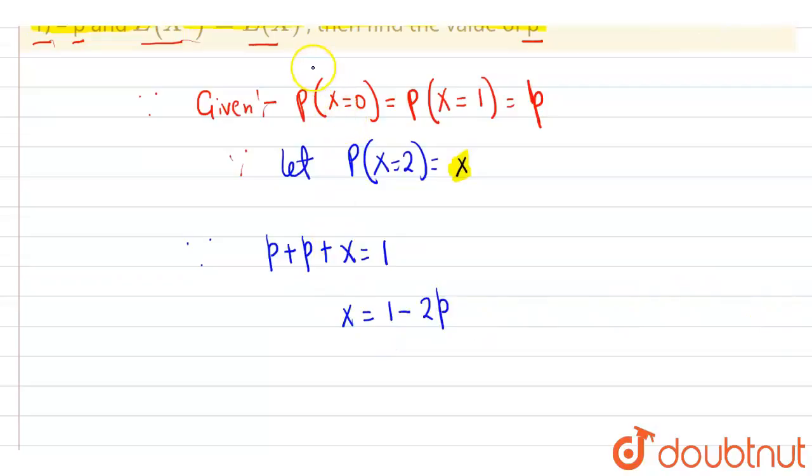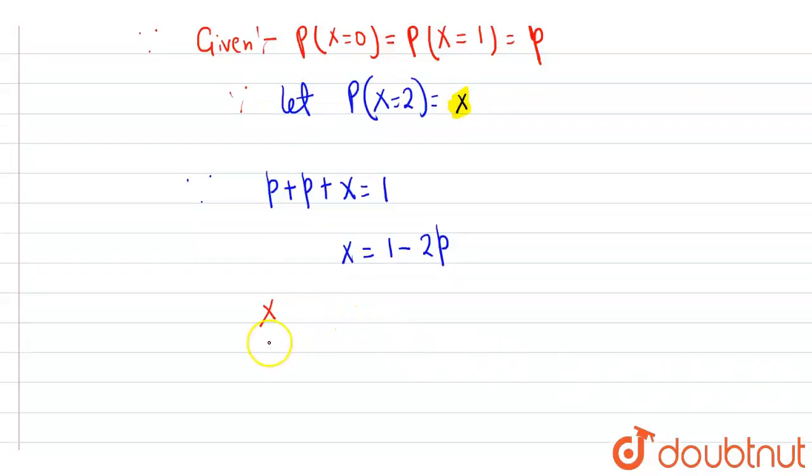Now we can form the distribution from the given data. So if we form our distribution, x, then next is probability at x. We have three values for x, that are 0, 1 and 2, which is given in the question. For these three different values we have different probabilities.